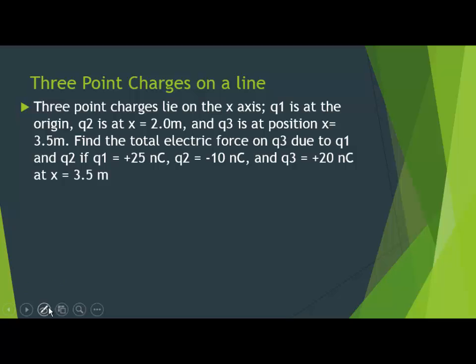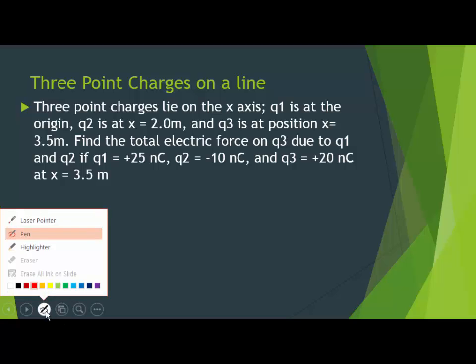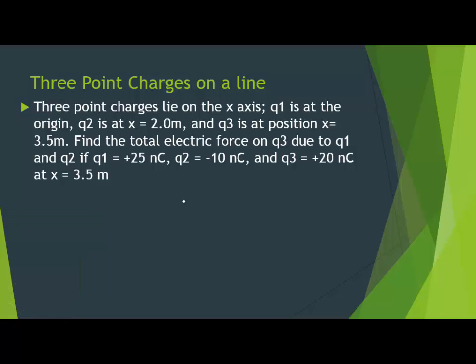Okay, so let's look at 3 charges and put this together here. Q1 is at the origin, so here's Q1. Q2 is over here at 2 meters, and then Q3 is over here at x equals 3.5.